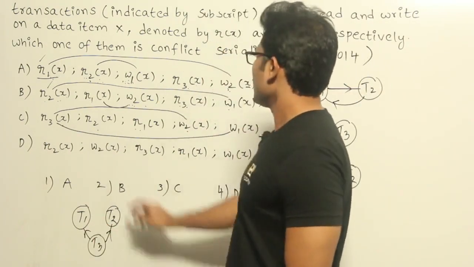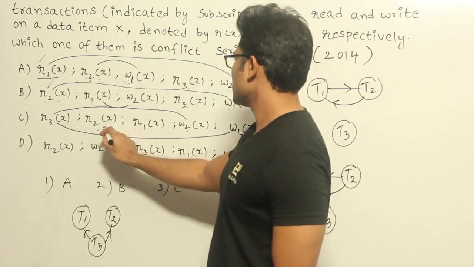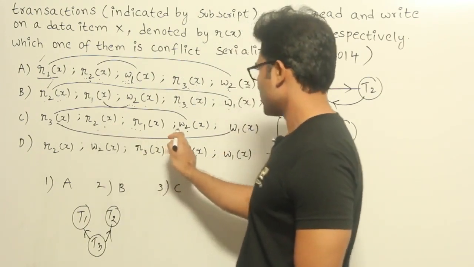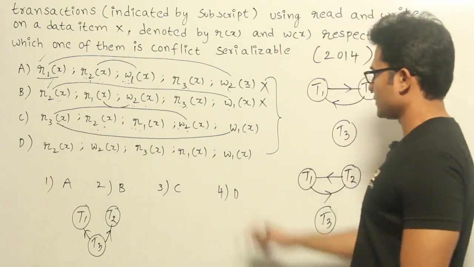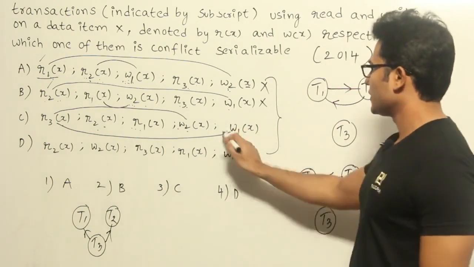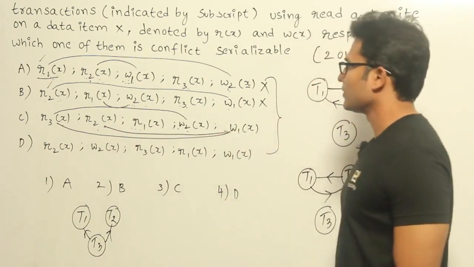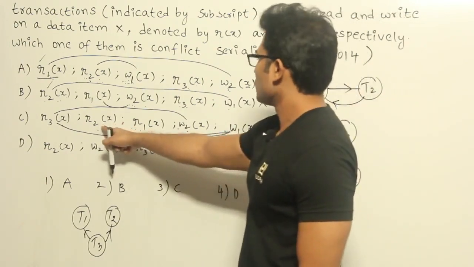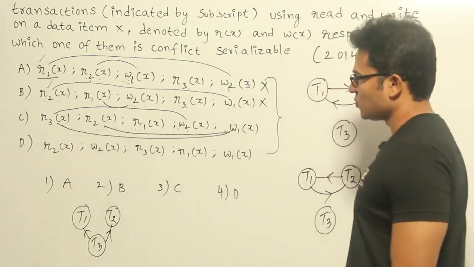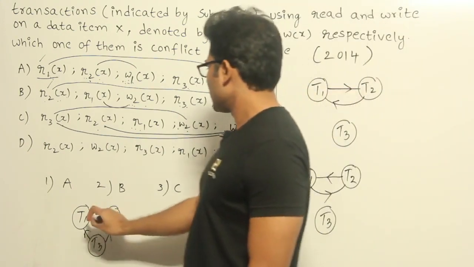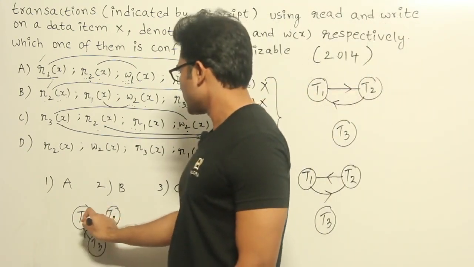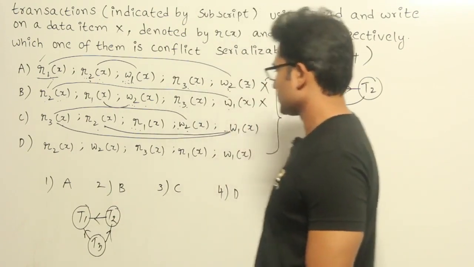Okay, and now coming to the next one, this one is not conflicting with this, because both of them are from the same transaction. Conflicting with this. This conflict is saying that R2 then W1, which means T2 then T1, T2 then T1. This is what it is saying, right?